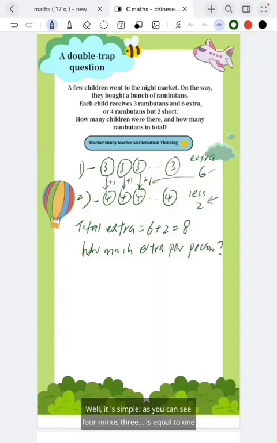Well, it's simple. As you can see, 4 minus 3 is equal to 1, which means each person gets 1 more.